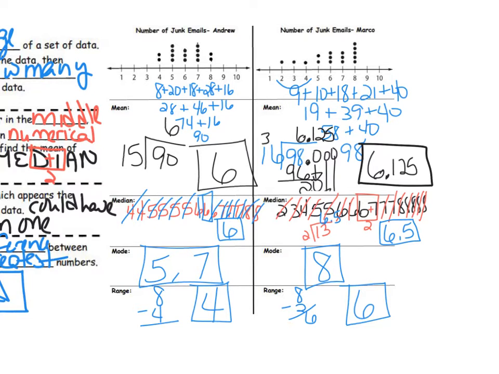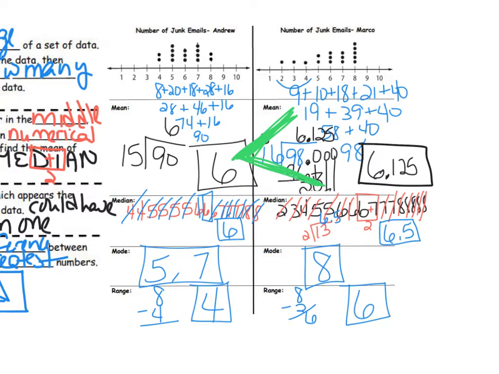So is Andrew's less than, greater than, or equal to Marco's? Is 6 less than, greater than, or equal to 6 and 125 thousandths? It's less than. So the mean for Andrew is less than Marco's.